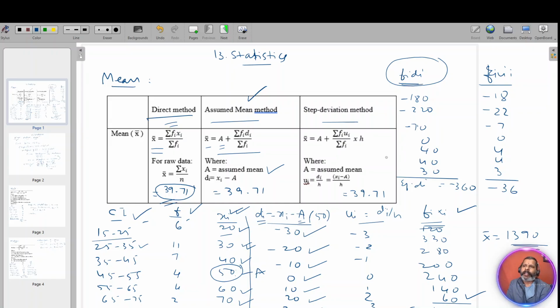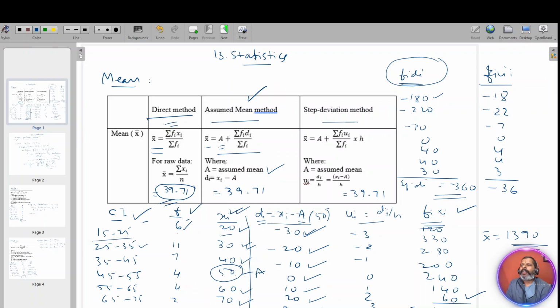So sigma fi di means fi and di column multiplication, 6 into minus 30 is minus 180. Like that it will go. When you add, it will become minus 360. So the formula is a plus, a is 50 we assumed. It's your full right to assume anything as a.